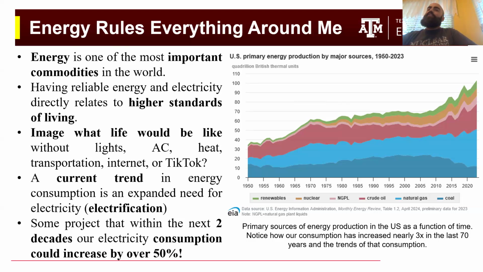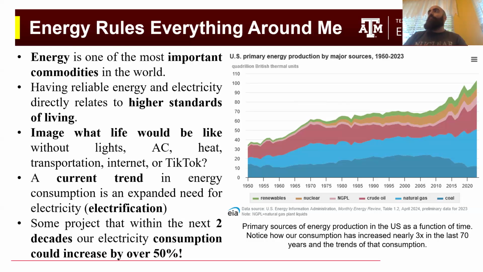So we take energy for granted, but energy and electricity are some of the most important commodities that we have. If you lived in a country where you didn't have reliable energy or reliable electricity, it becomes a lot harder to do basic day-to-day things in your life, like cooking food or reading a book. If you don't have a light, then you can't read.